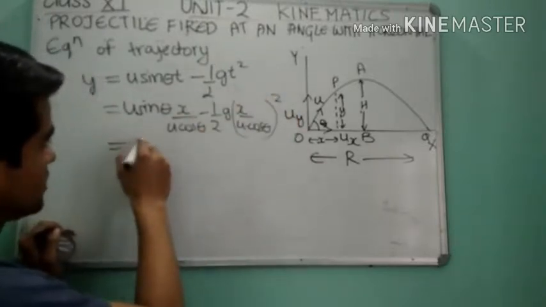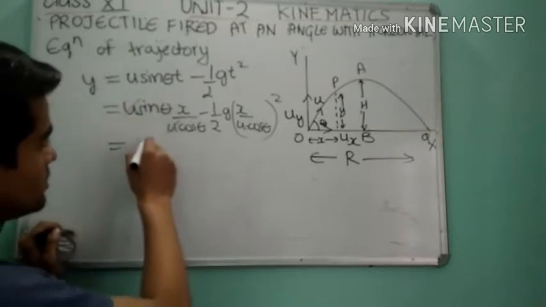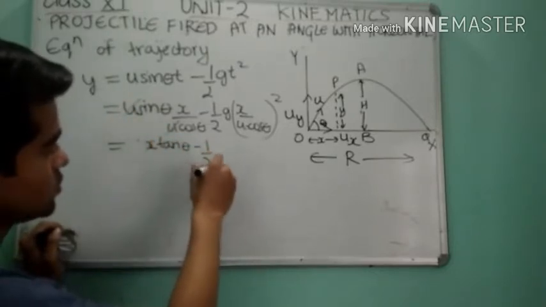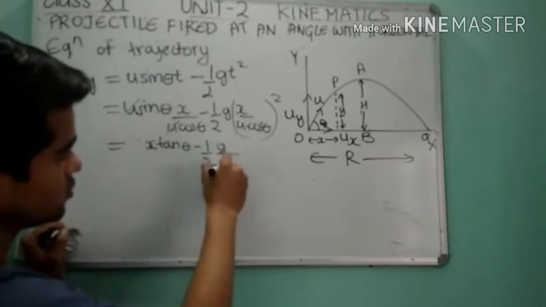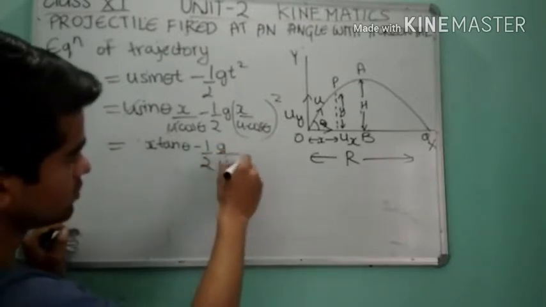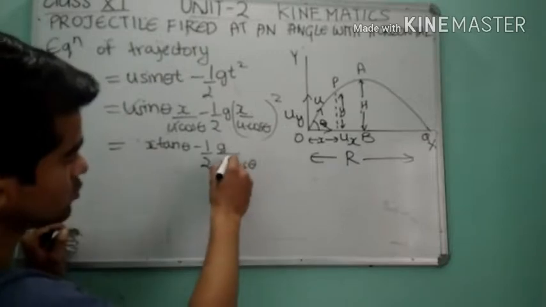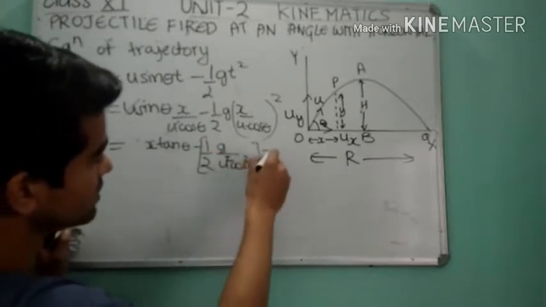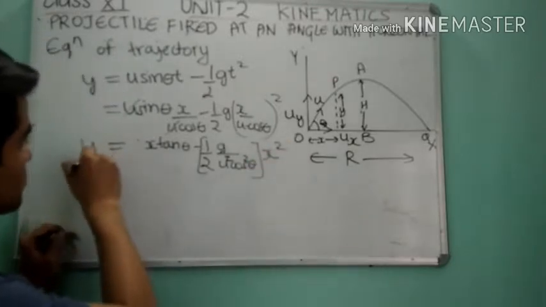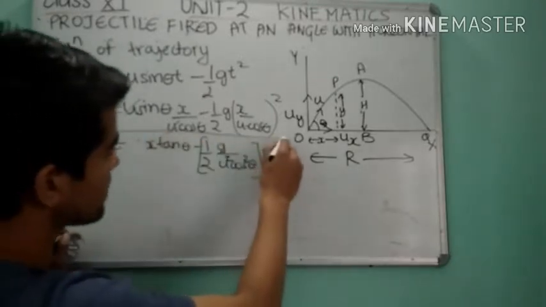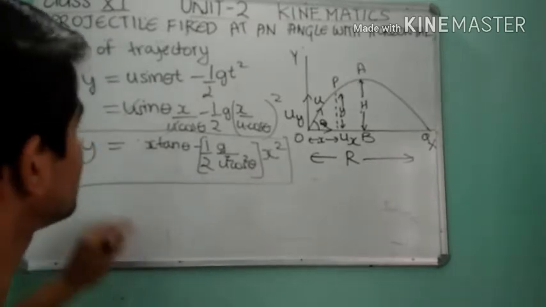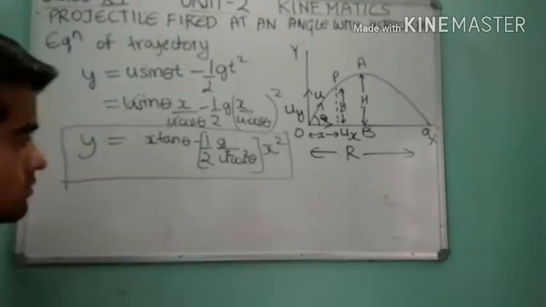This comes out to be, u gets cancelled by u, x tan theta minus g upon 2 u square cos square theta, and we'll write it separately, x square. This is the equation of the parabola fired at an angle with horizontal. This is the equation of the trajectory.